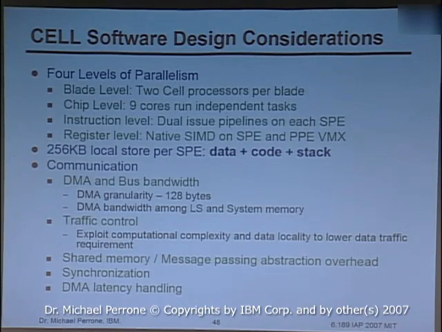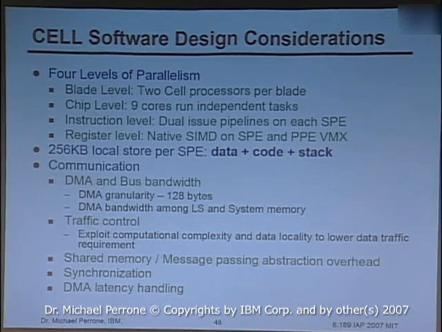One pipeline is doing arithmetic, the odd pipeline is doing loads and stores, DMA transactions, interrupts, branches, and it's doing something called shuffle bytes, or the shuffle operation. A shuffle operation is a very, very useful operation that allows you to take 2 registers as data, a 3rd register as a pattern register, and a 4th register as output.